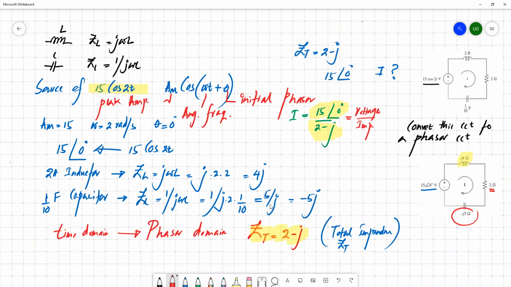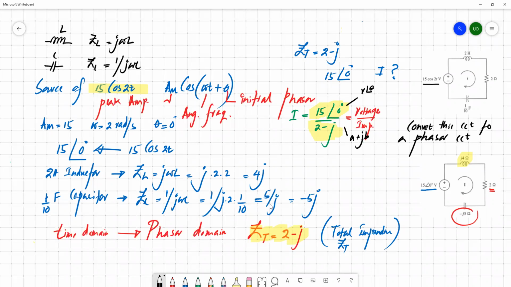But once you write this expression, the voltage is in the phasor format, the r theta format, but the impedance is in rectangular or Cartesian format, a plus jb. So this is in r theta form and this is in a plus jb form.